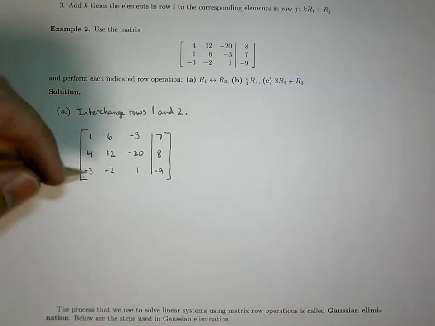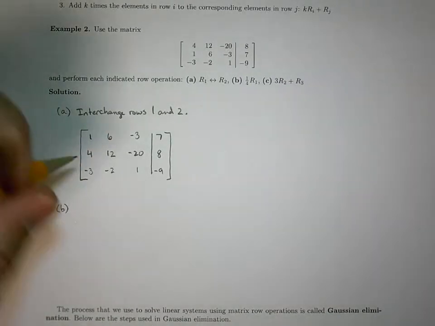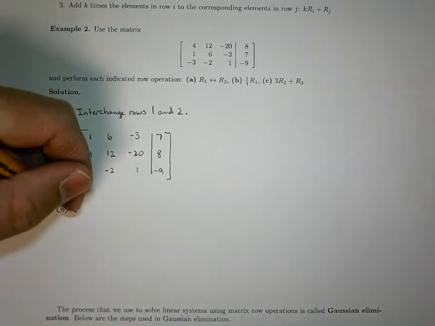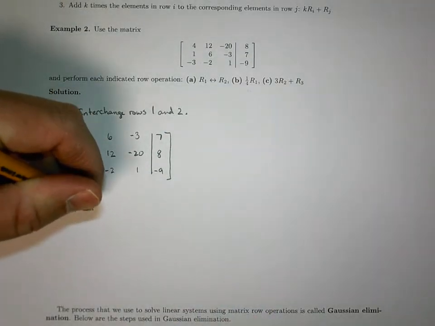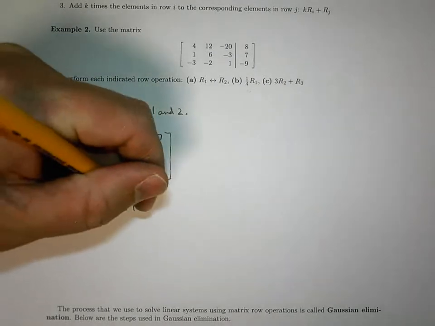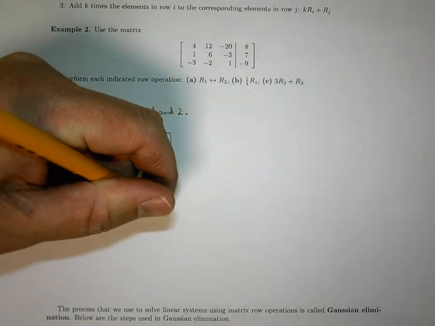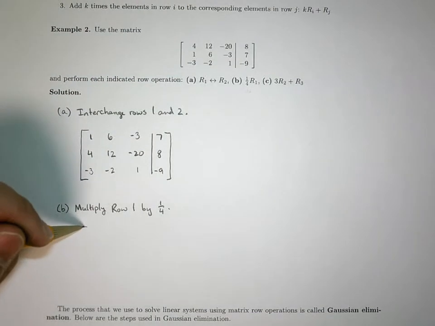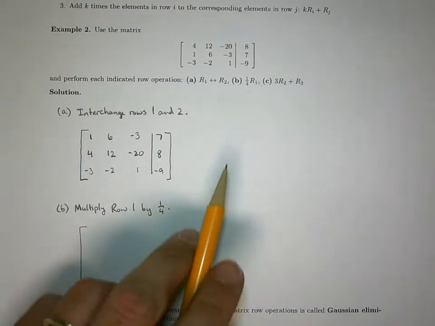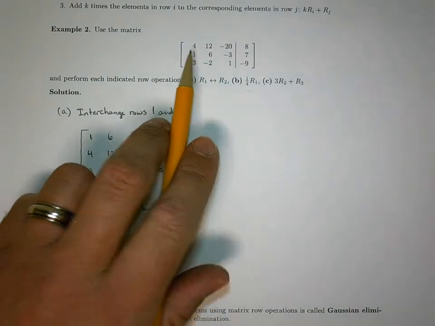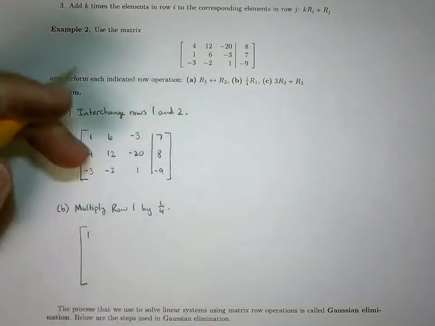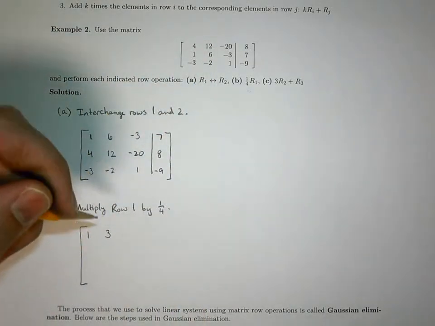In B, this says 1/4 times row 1. So in other words, I'm going to multiply row 1 by 1/4. Let's see. If I multiply 4 by 1/4, that's 1. If I multiply 12 by 1/4, that's 3.